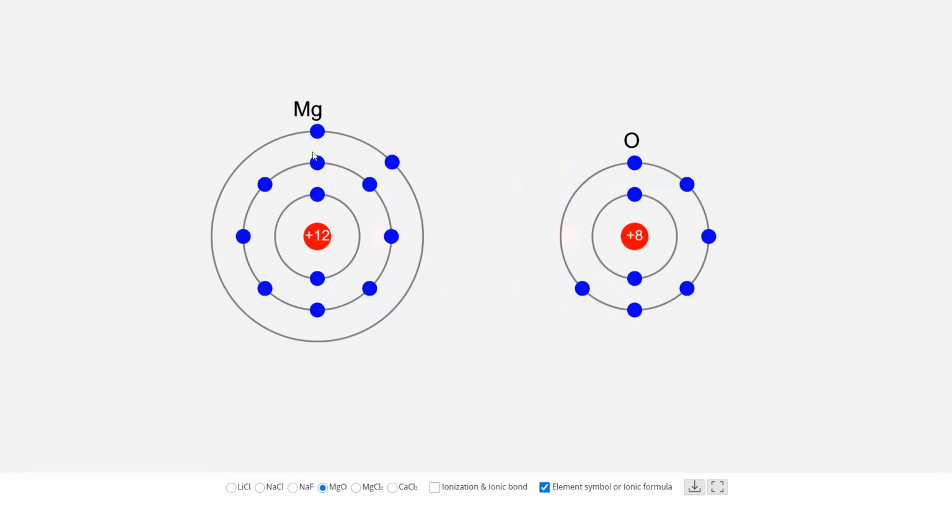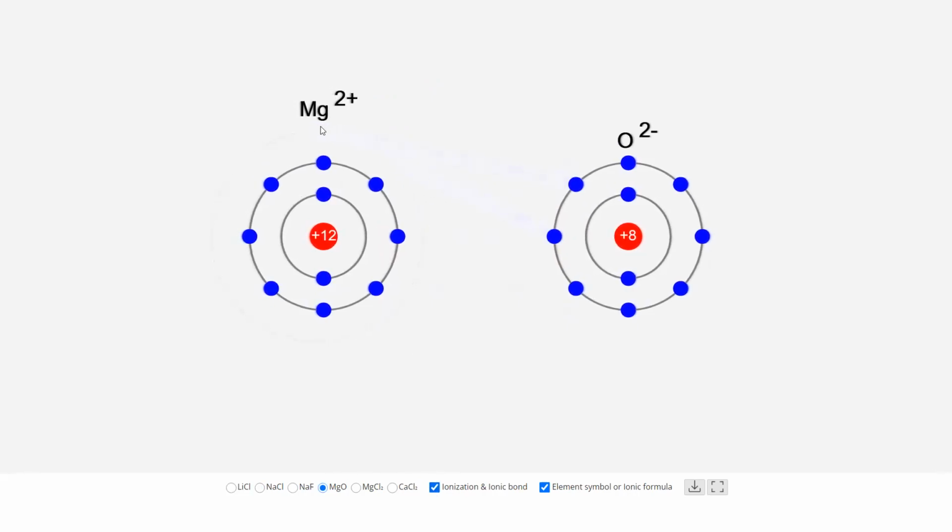So its options are to lose 2 or gain 6. Losing 2 is probably easier. So that's what usually happens, or basically always happens. Oxygen can gain 2. So if you give away 2 and oxygen wants 2, that's fine. 1 magnesium and 1 oxygen.